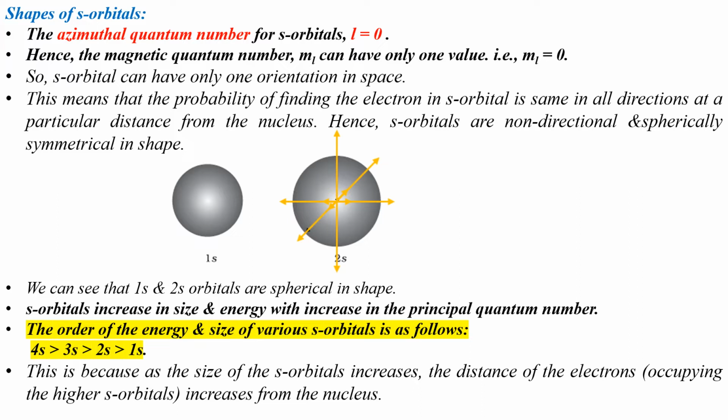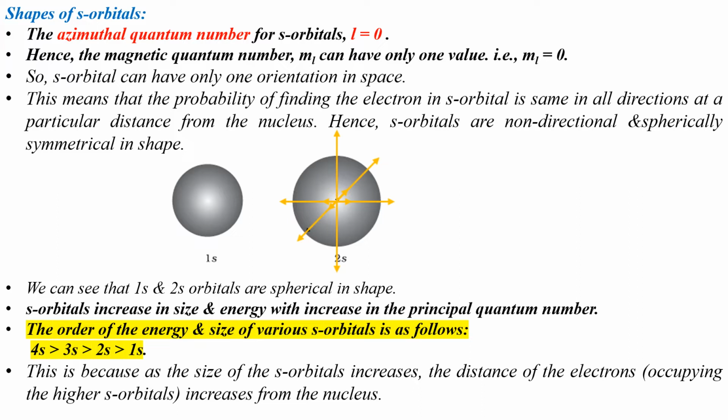Also, s orbitals increase in energy with increase in the value of the principal quantum number n. So, the energy of electrons occupying 4s orbital is greater than the energy of electrons occupying 3s orbital. This is greater in energy than 2s orbital, which in turn is greater in energy than the electrons occupying 1s orbital.